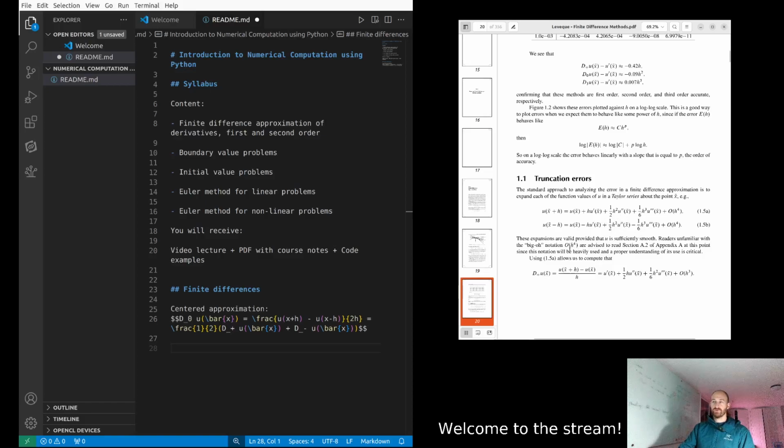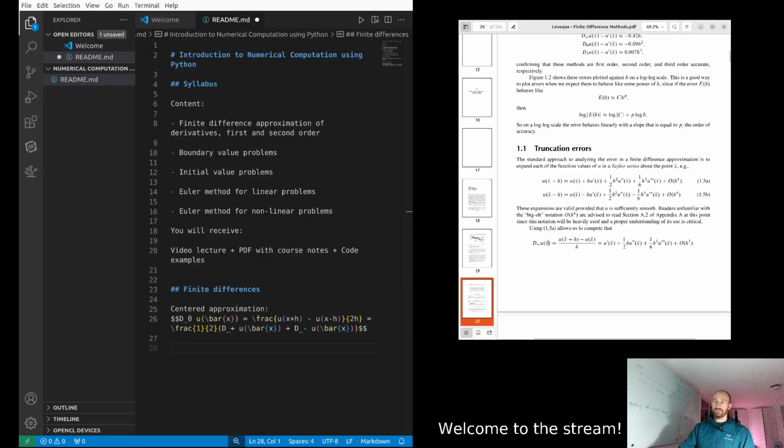So for example, when you do the d plus, as you remember, u of x bar plus h minus u of x, this is the right-handed derivative. When you do that, it's this one minus this term right here, and you just get left over this section, which you can see here when you divide by h. So this is a good approximation for u prime, but the error looks like h times some constant plus h squared times some other constant and so on. So the order of the error here is h.